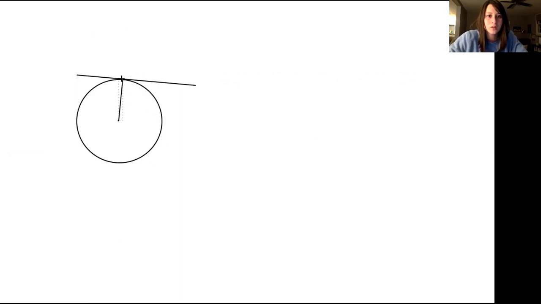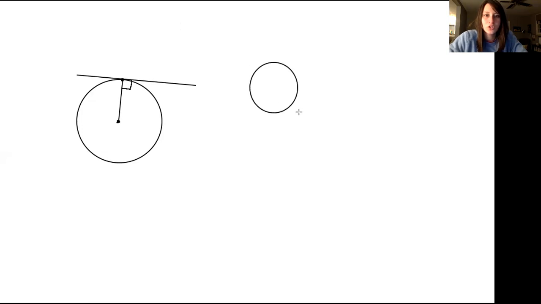Basically drawing a radius, or a segment from the center of the circle to the point of tangency. What's interesting is every single time, wherever you draw that tangent, that point of tangency will make a right angle with this segment that is coming from the center. So like the radius, right?